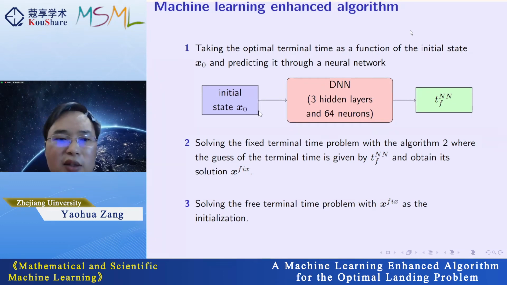And then we solve the fixed terminal time problem with algorithm 2, where the guess of the terminal time is given by the deep neural networks, and we obtain its solution and denote it as x fix. In the last step, we use x fix as the initialization for solving the free terminal time problem.